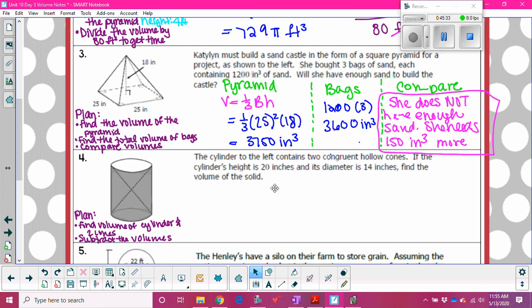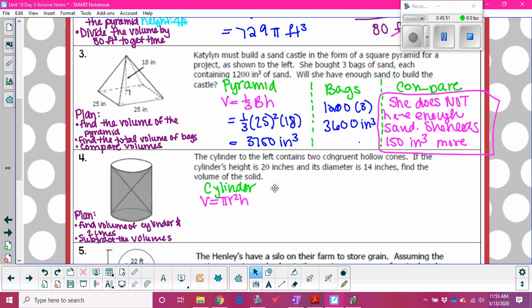The cylinder, we know, is volume equals pi r squared times the height of the cylinder. Okay, so all we have to do is fill this in.